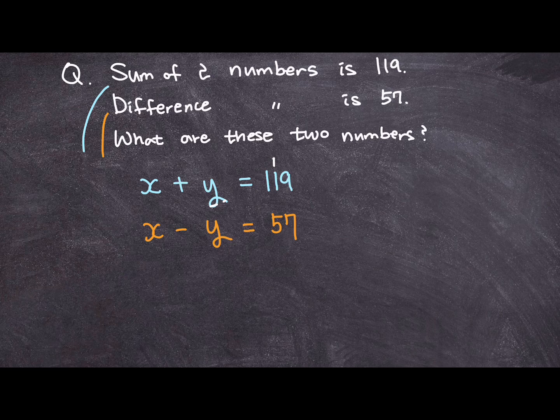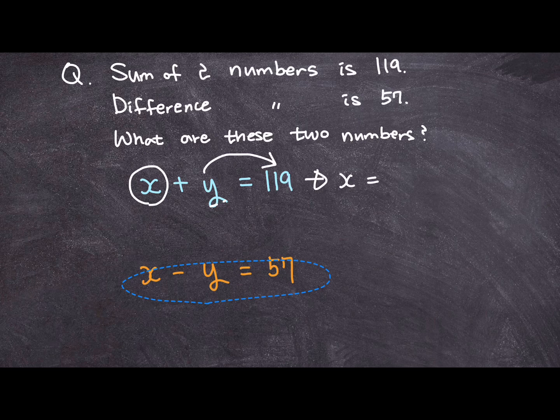Okay, so those are my two equations again, and I am going to use the substitution method. How I would do that is, from one of these equations, I am going to set x equal to something. In order for me to separate x and move everything else to the other side of the equation, I'm going to have to subtract y from both sides of the equation.